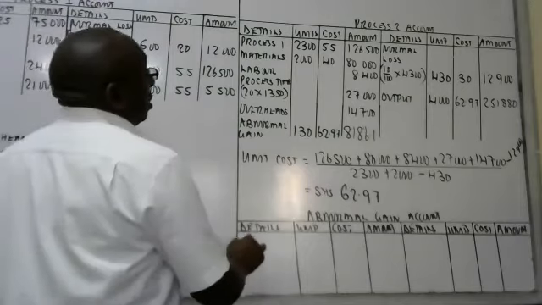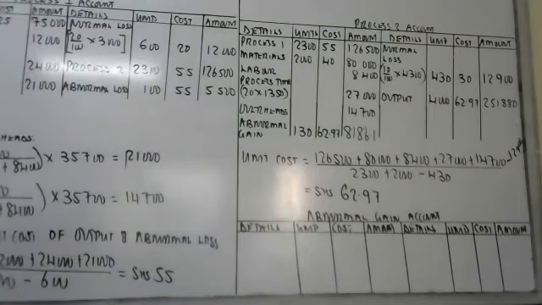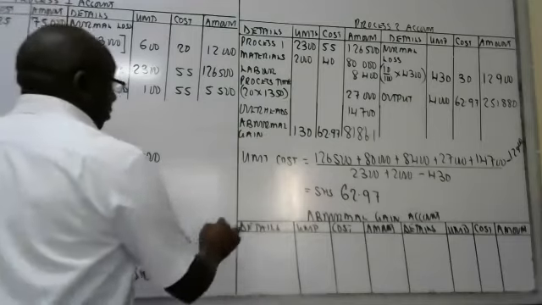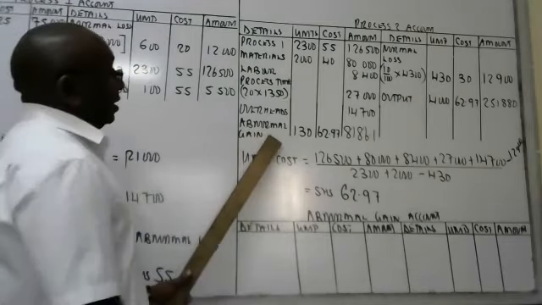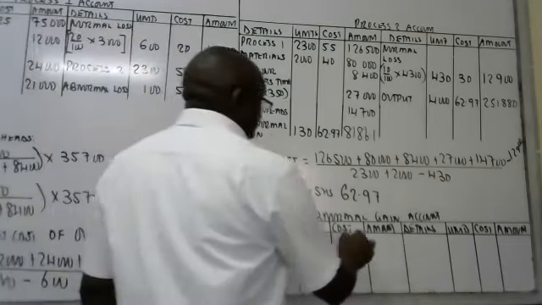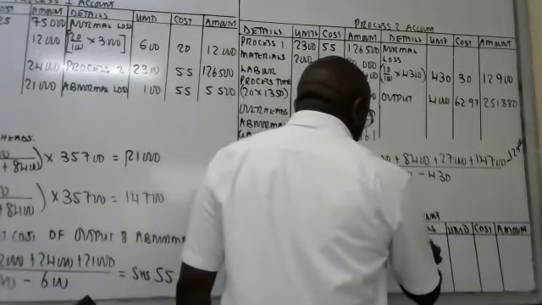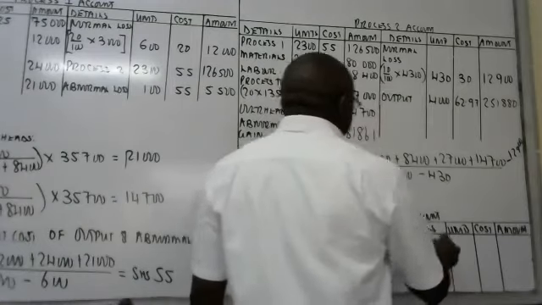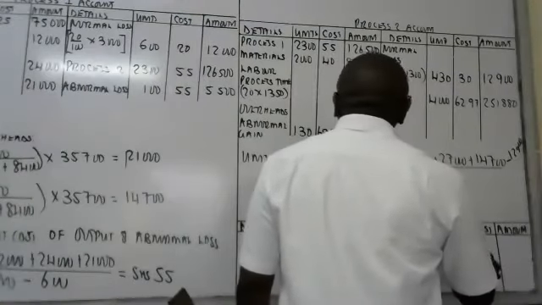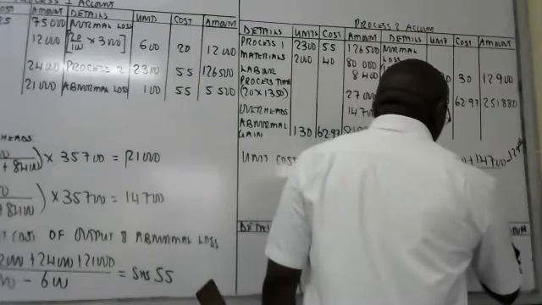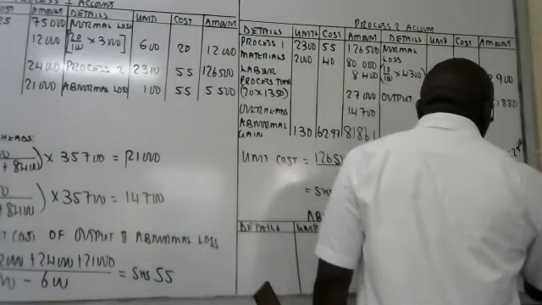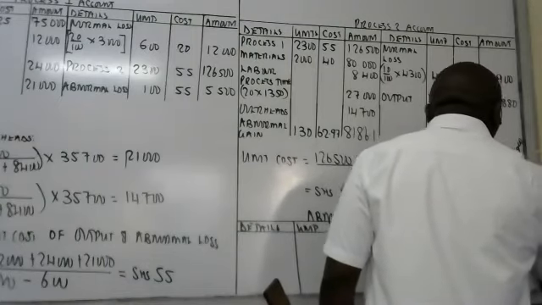So, when you have these abnormal gain accounts, you just go back here. You see this one is process 2. So now that this one was debited, you credit this one. So because of process 2, the units are 130, each costing 62.97, and the amount is 8,186.1.